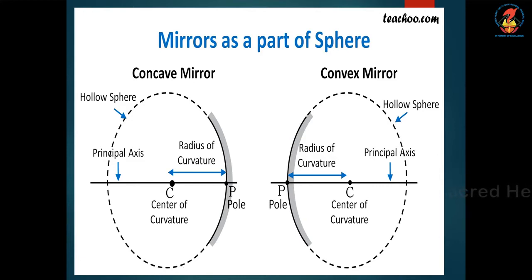Now, spherical mirror means it's a part of a sphere. The sphere will have a center. That center is known as the center of curvature.